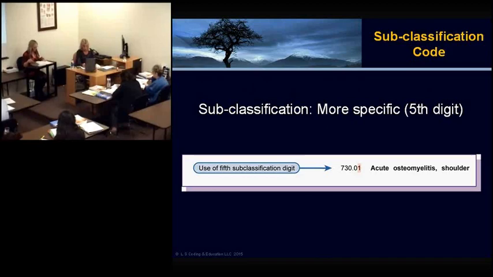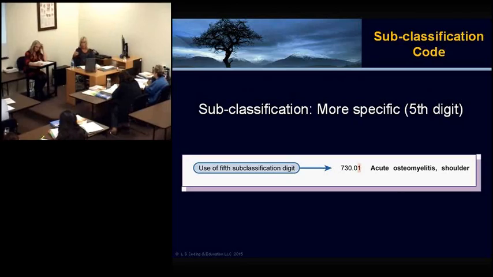So where do we get that additional fifth digit? Look up at the periwinkle box above 730.0, and that's where you'll find that fifth digit that you need. So if I said it was acute osteomyelitis of the upper arm, the code would then be 730.02.